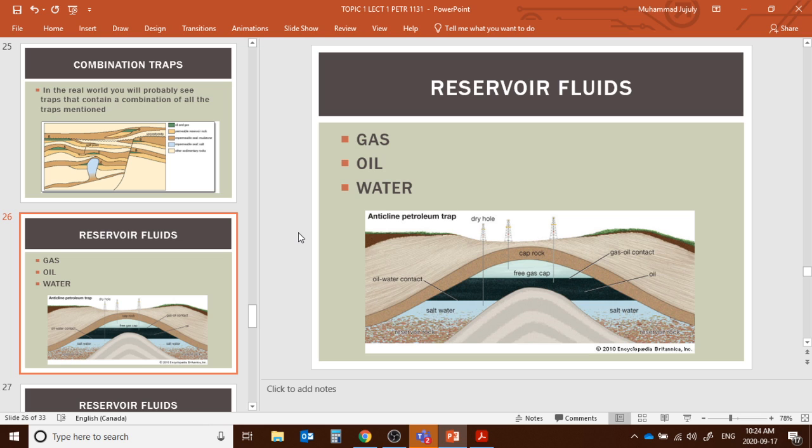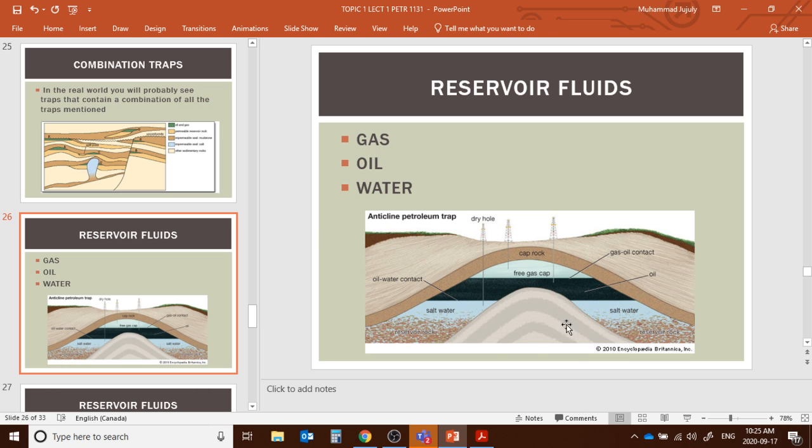Now, how does this reservoir fluid actually form? We'll get into detail later, but here we'll just give a brief idea.